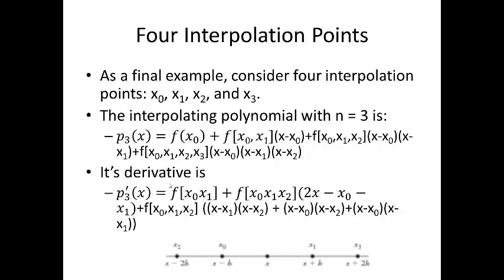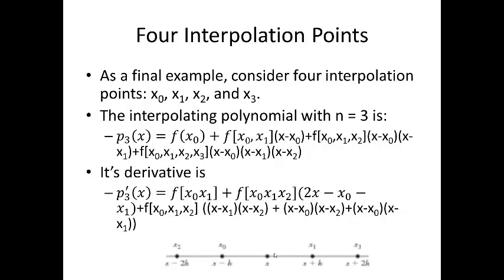Note that there's a special case that occurs when you select x0 equal to x minus h, x1 equal to x plus h, x2 equal to x minus 2h, and x3 equal to x plus 2h, as depicted in this slide, or in this rather fuzzy graphic from the text. When you have that, the error term is O of h to the 4th, which is pretty good convergence.